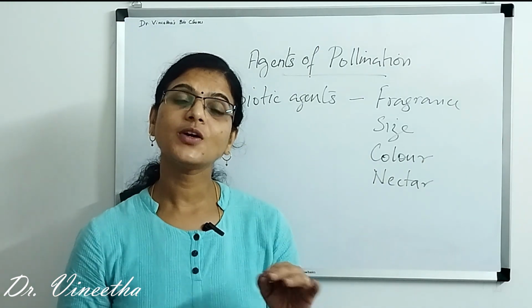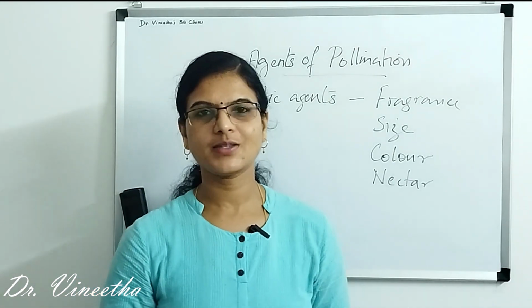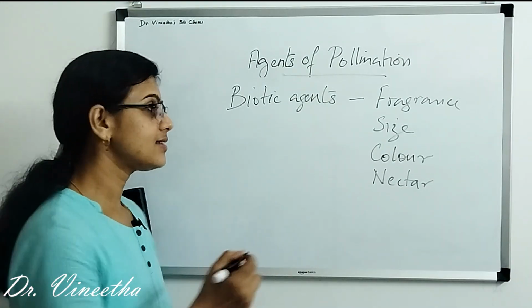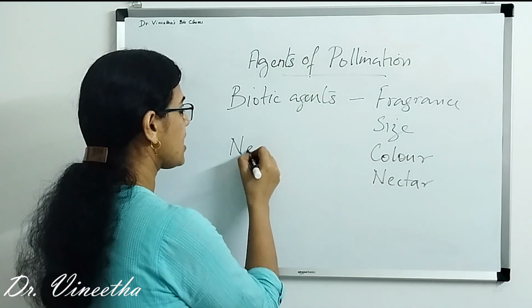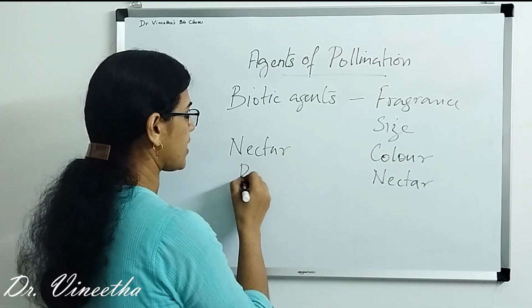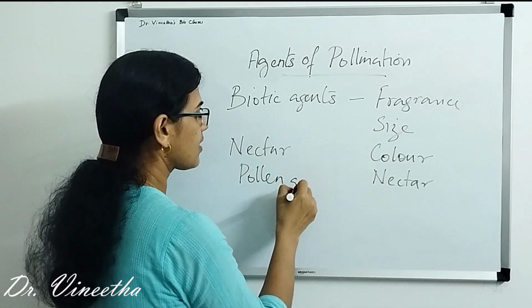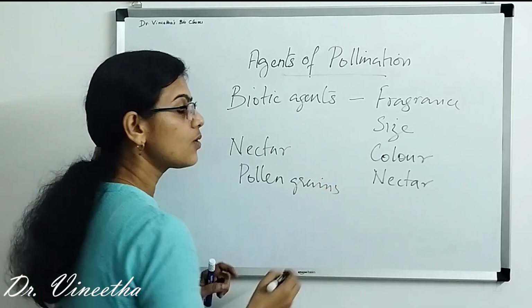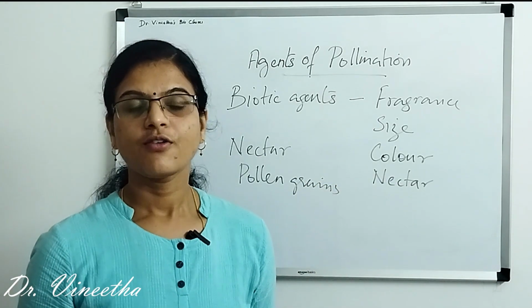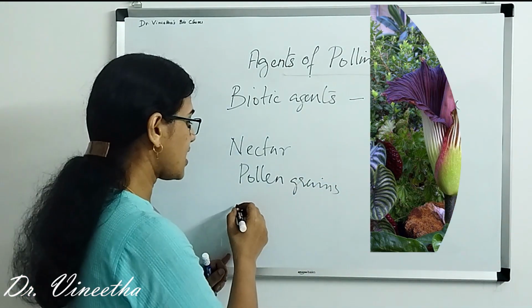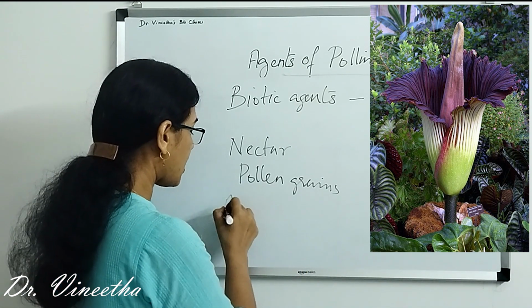There are several other mutualistic ways of pollination as well. That is, other than the rewards such as the nectar and the pollen grains, the flowers also provide a shelter for certain insects such as the Amorphophallus.